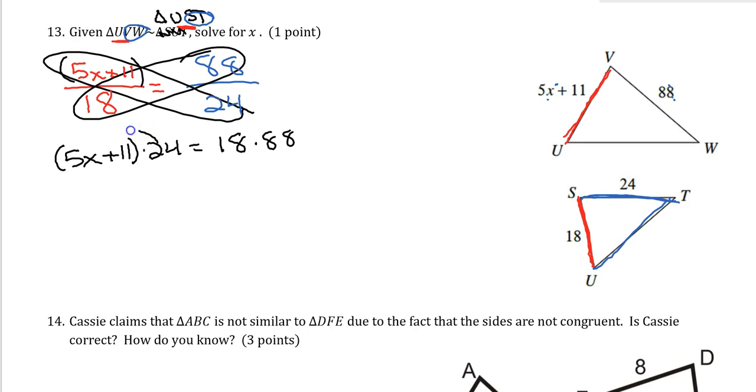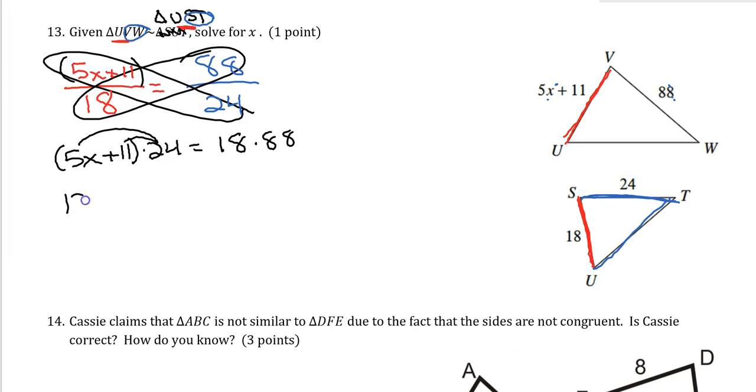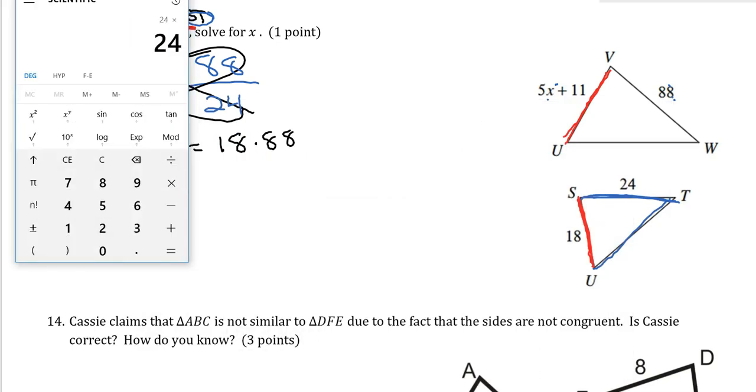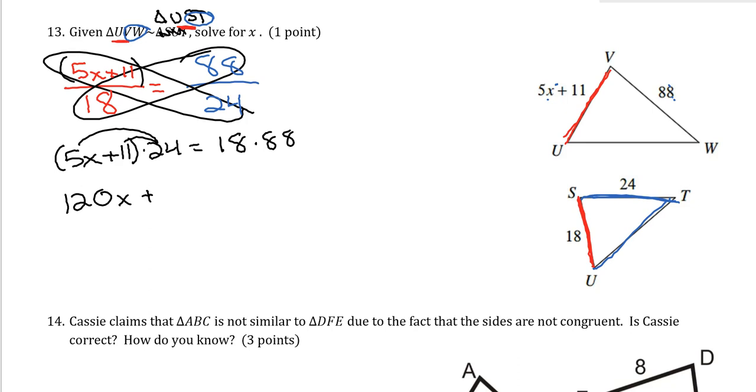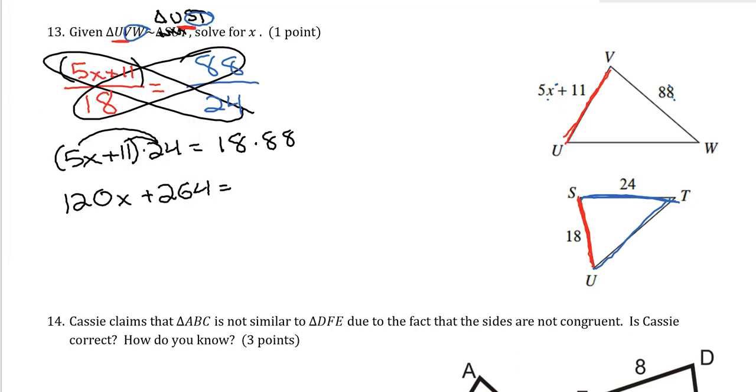So I'm going to cross multiply, or I'm sorry, not cross multiply, just did that. I'm going to distribute 24 times 5 is 120x plus 24 times 11 is 264. Equals 18 times 88 is 1,584.